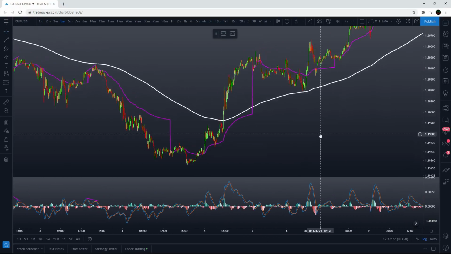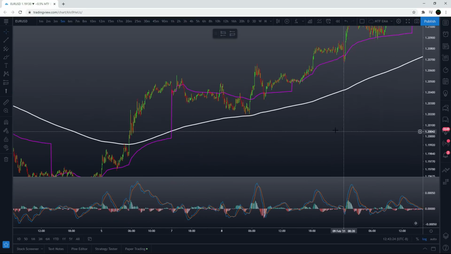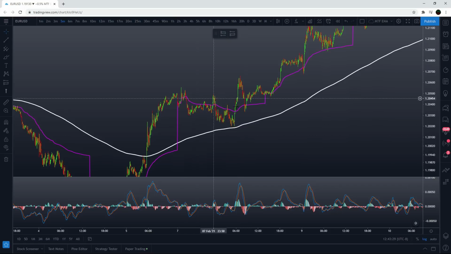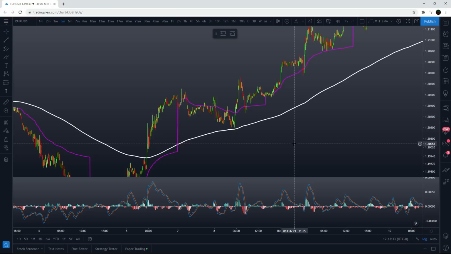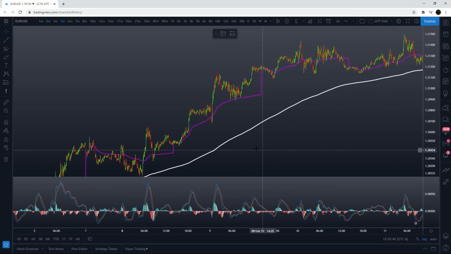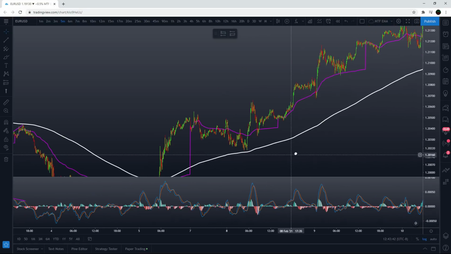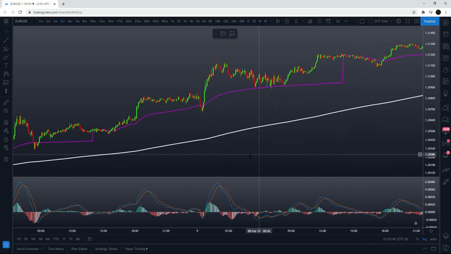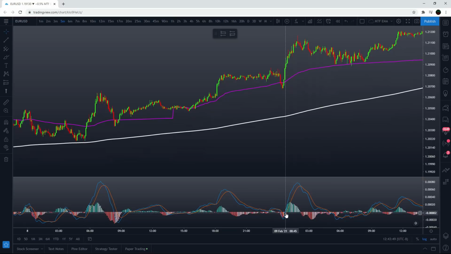Okay, so using these things combined, you can just make sure you're getting in at good areas of value. And the main rule is that you only take positions with the direction of the trend, waiting for the pullbacks that go below or above the VWAP line for an area of value. Okay, so obviously I've said that a lot of times in this video, but it's an important thing to follow with your strategy, and you can do multiple different ways to actually get an entry into these trends, whether you want to just be waiting for a cross up on the MACD to get an entry after price goes below the VWAP in an uptrend.